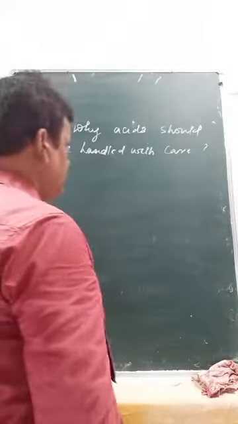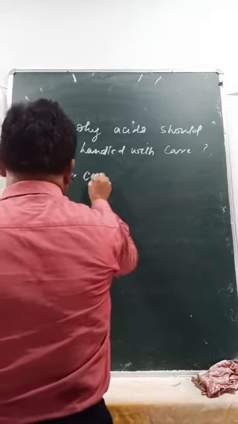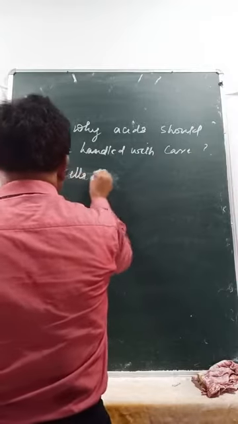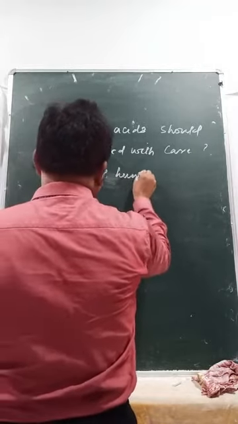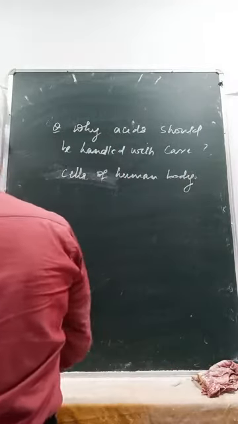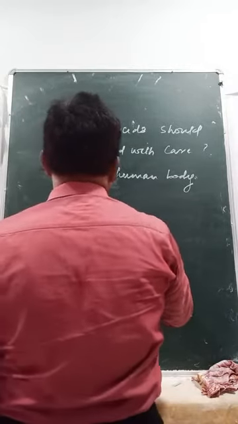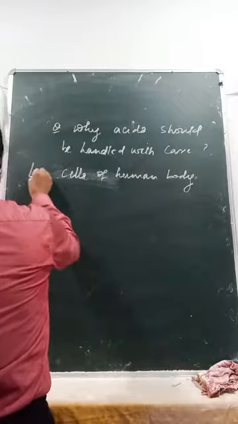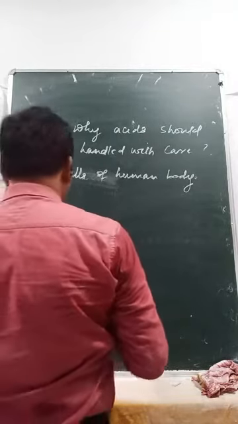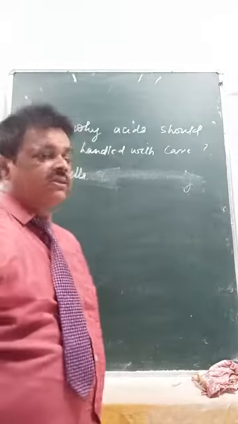So you can write down only one point. Our cells of human body, or living cells, you can write living cells, are sensitive to, as a whole means all the cells, could be plants and animals also.